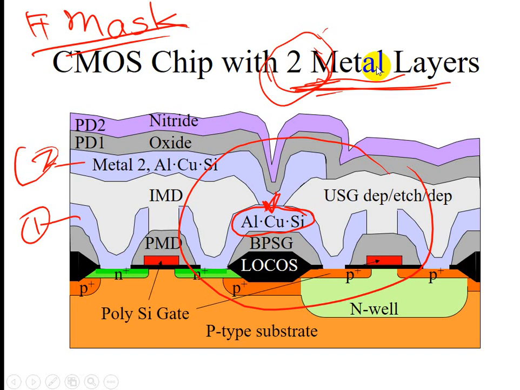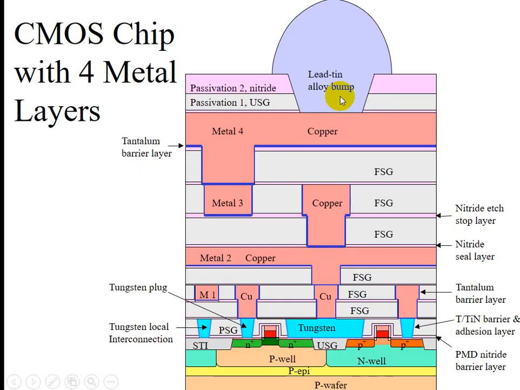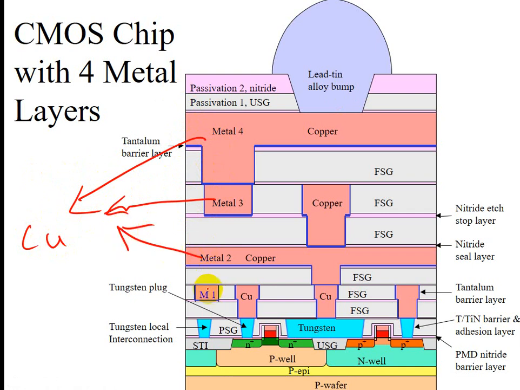For this diagram, aluminum is used as the primary conducting wire. Next, this one is using copper. These are copper. These are copper. Again, 4 layers of metal wire using copper as the conducting wire.